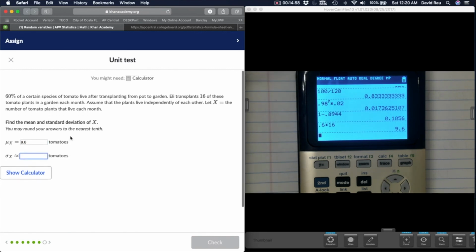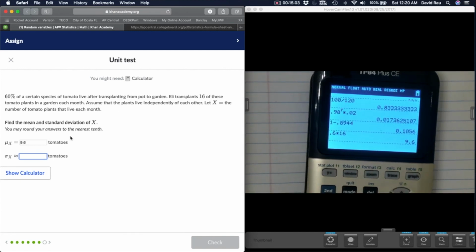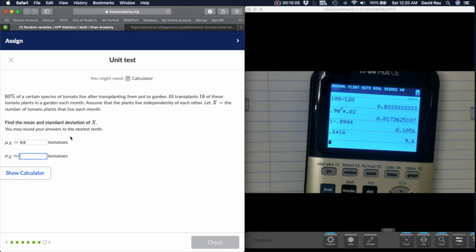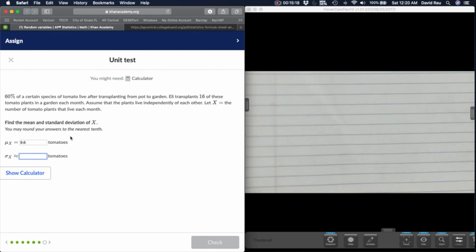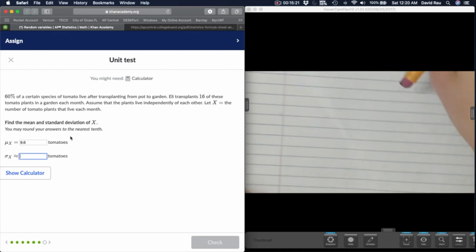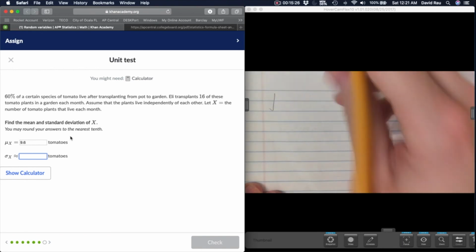And the standard deviation is going to be a little bit trickier, and that's because of this phrase, independent. Okay, now the idea is, since each is independent from each other, they're technically behaving like this.